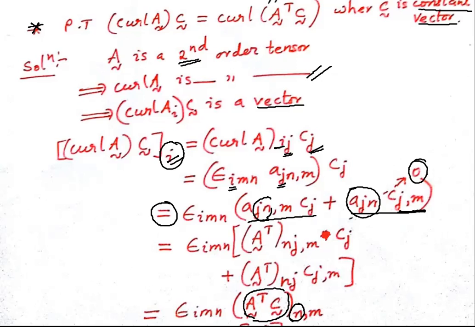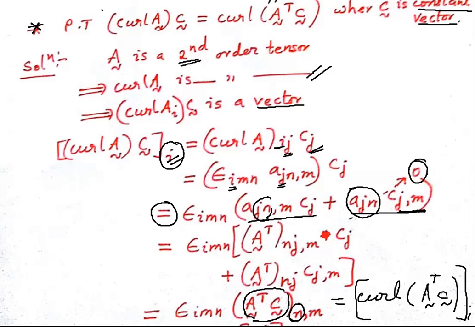Just using the product rule, comma m for the whole thing. And this is nothing but the RHS curl of A transpose C. The whole thing, what component? i component, and there also it is equal to i component.